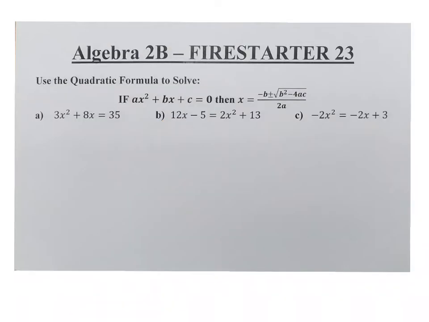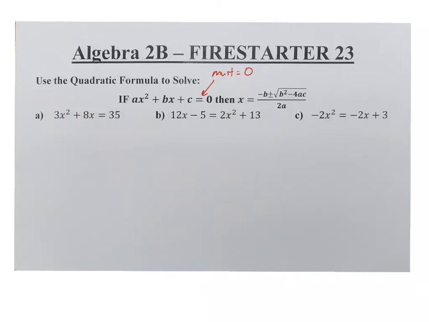And that's it. All right, I'm going to go a little bit quicker on Firestarter 23 because I did do this one in class. So remember, the only difference between 23 and 22 is we have to make sure all these equal 0. Now, if you're struggling, my recommendation is make them equal 0, find A, B, and C, do all that first.